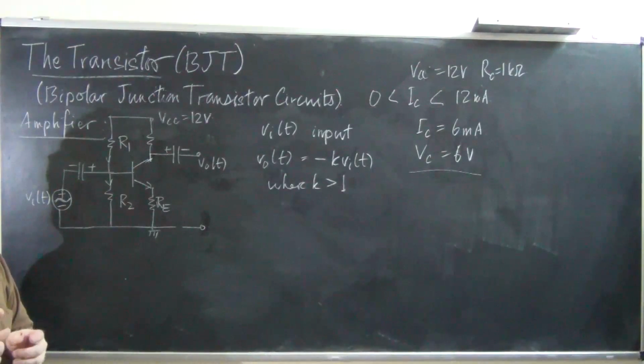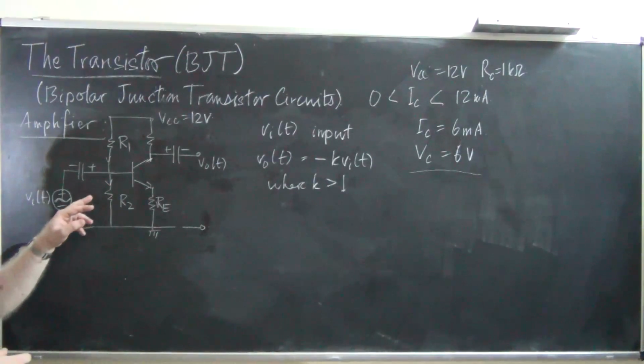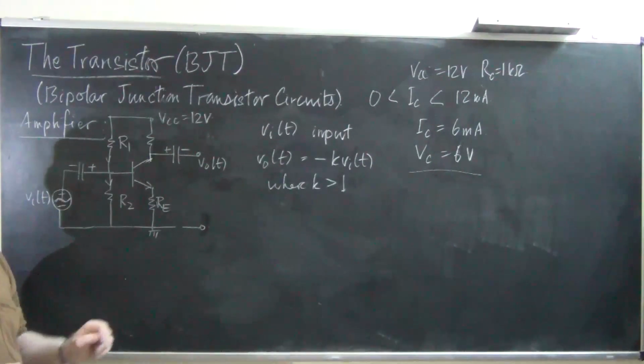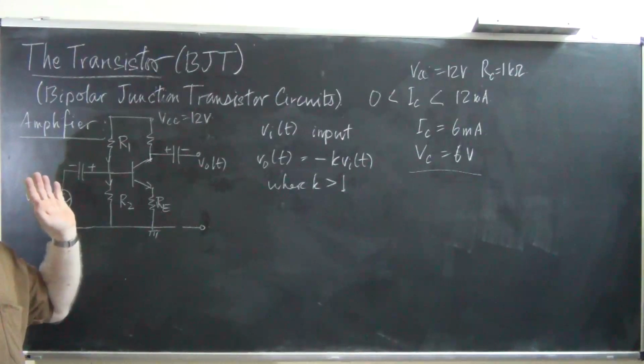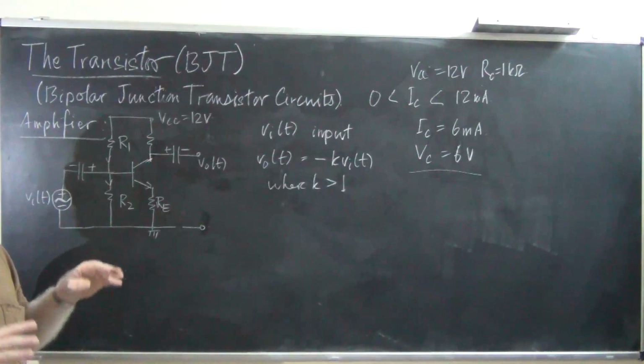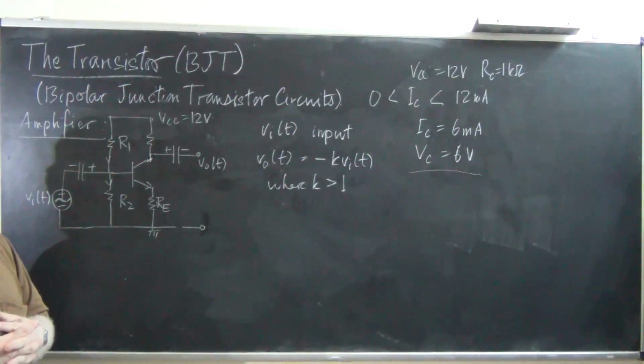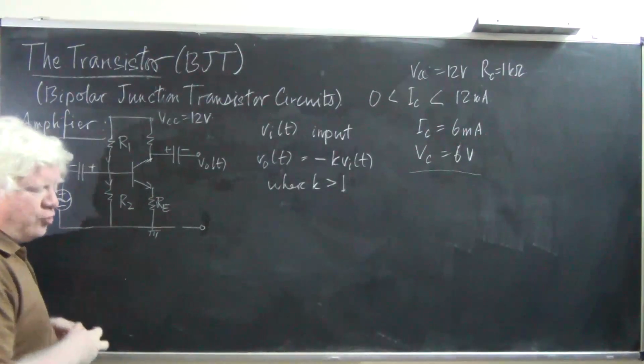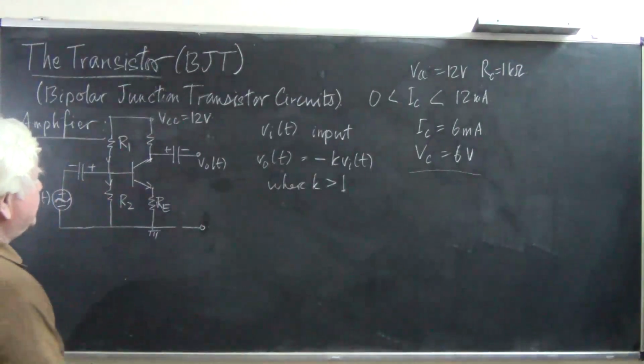What happens if this loss of amplification has to be controlled, reduced, or remedied? What we do is put a large capacitor across the emitter resistor like this.